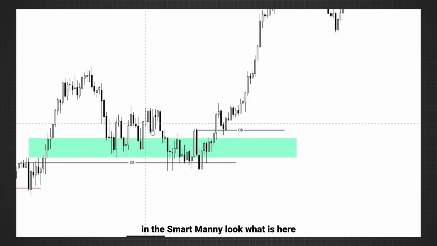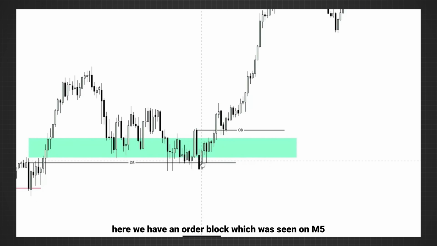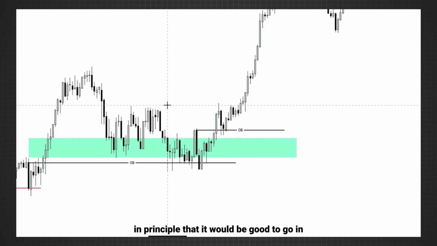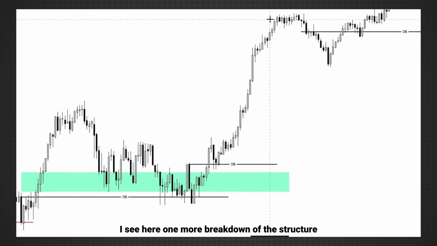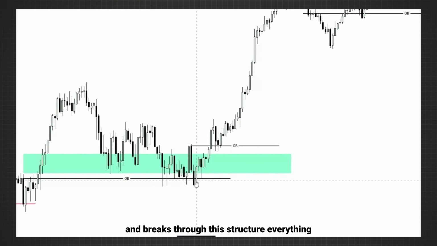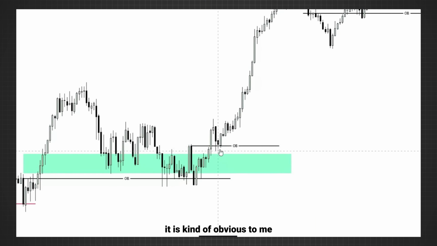Look what is here. Here we have an order block, which was seen on M5. This is how you can see it on M1. There's a gap here. And in this whole formation, where it would be good to go in, I see one more breakdown of the structure, which breaks through this structure and breaks through this structure. It is obvious to me that the price is going to move further. Where to?